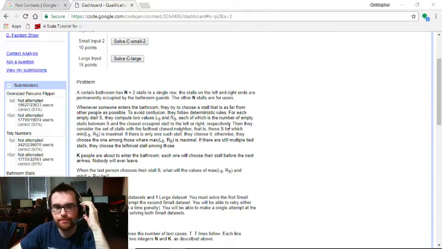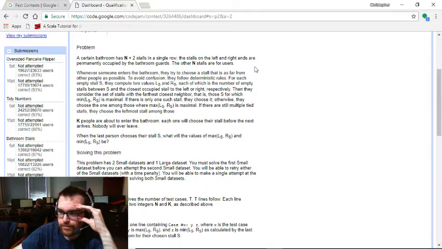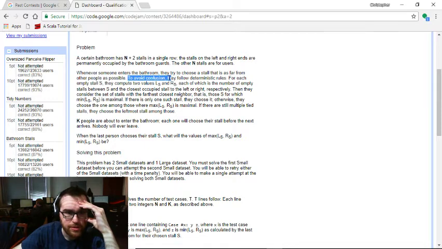A bathroom has n plus 2 stalls in a single row. N stalls are for users. They try to choose a stall that is as far from other people as possible. To avoid confusion, they follow deterministic rules. Nice. LSS and RSS.